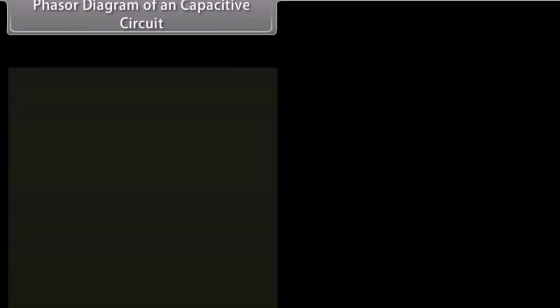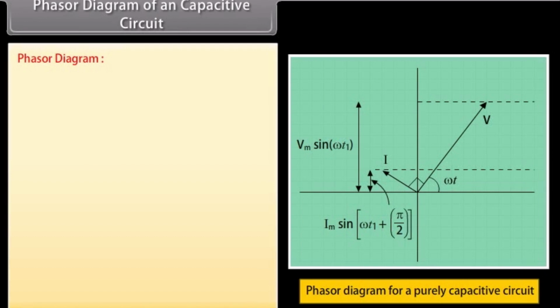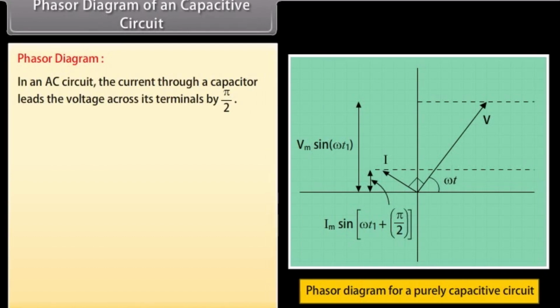Phasor diagram of a capacitive circuit. In an AC circuit, the current through a capacitor leads the voltage across its terminals by π/2.